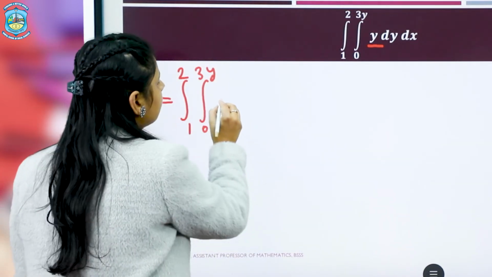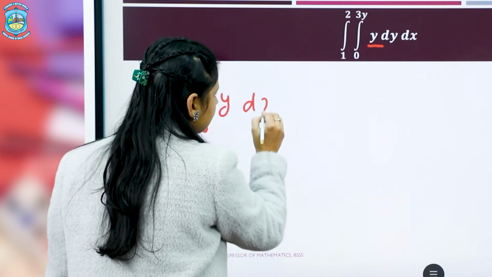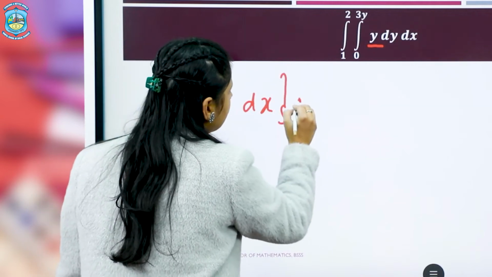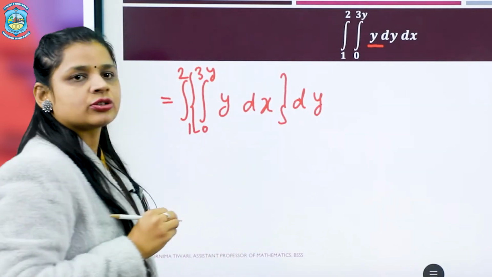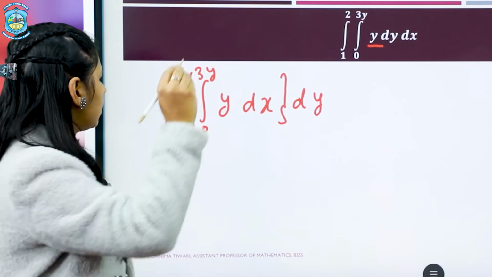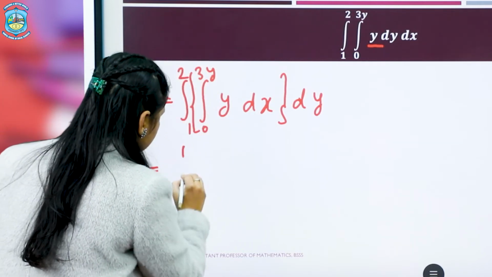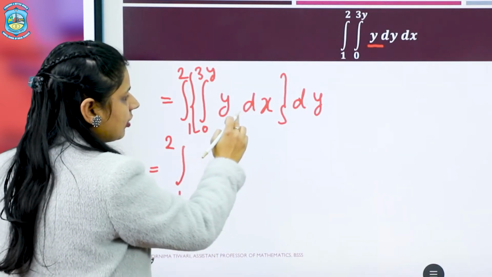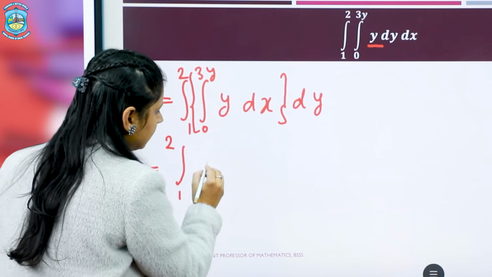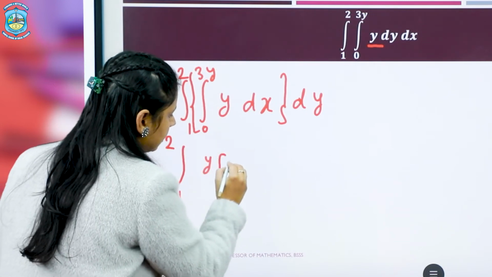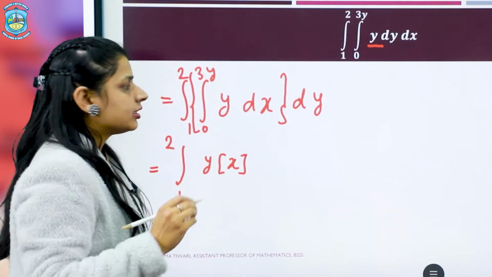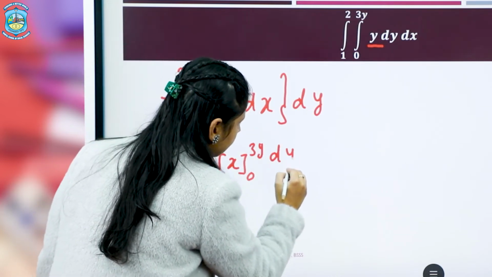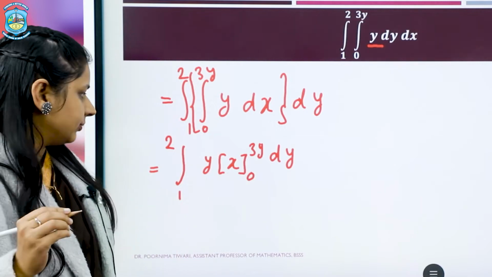So first we will integrate with respect to x and then with respect to y. When we integrate it, the limits remain as they are. Integration of y with respect to x, y will be treated like a constant, so the integration will be x for the limits 0 to 3y, and this integration is with respect to y.